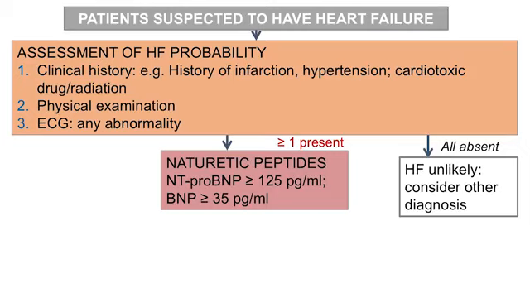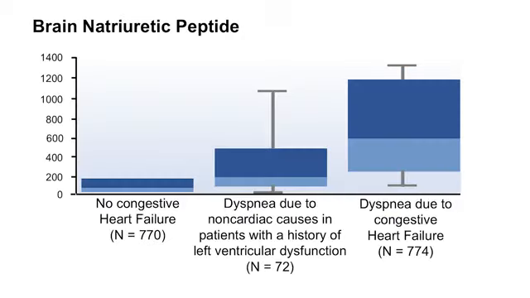However, if we still have the possibility of heart failure, we should do a blood test to assess natriuretic peptides. These are vasodilatory peptides in the blood, which we can measure. And there have been nice studies showing that if a patient is coming with dyspnea and we take these measurements, and these measurements show a very low level in the blood, then the patient does not have heart failure.